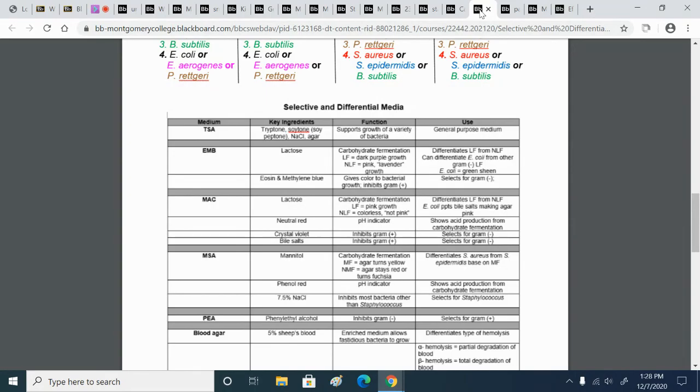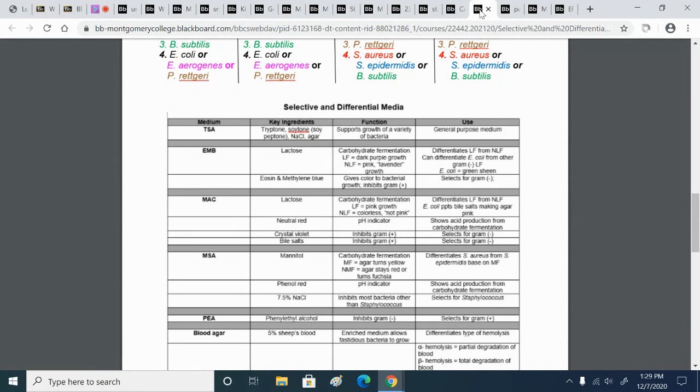The MSA plate also contains mannitol, a sugar alcohol, which is fermented like a carbohydrate to produce acid. And the MSA also contains phenol red, a pH indicator that turns yellow with acid. So we're looking to see if the agar turns yellow on MSA.